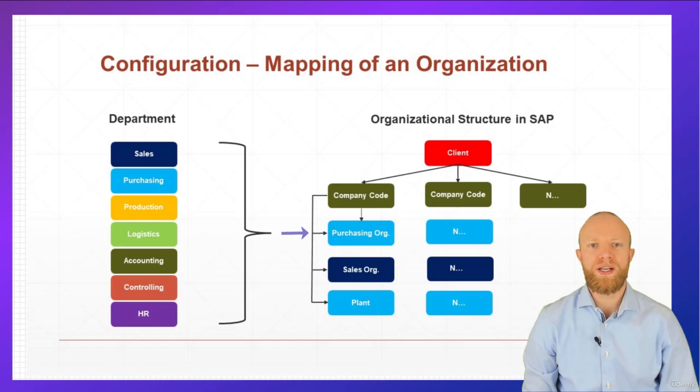A purchasing organization is required in SAP to be able to procure goods or services. A purchasing organization can be assigned to a company code. For purchasing, the SAP software needs to know how the procurement is structured in a company. It could be the case that procurement is structured in a centralized procurement.